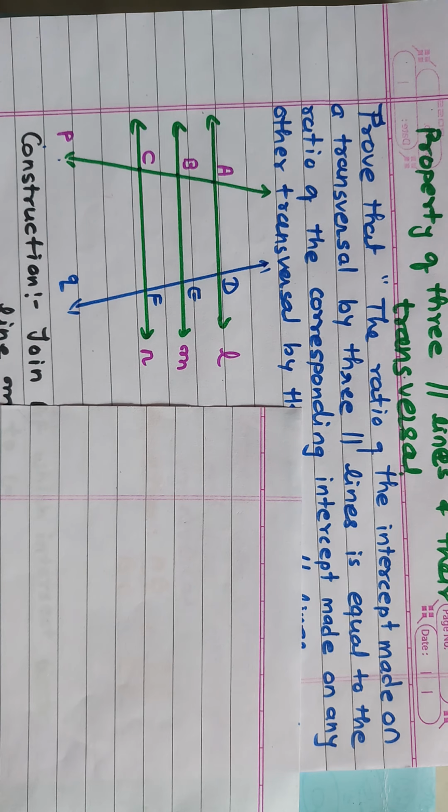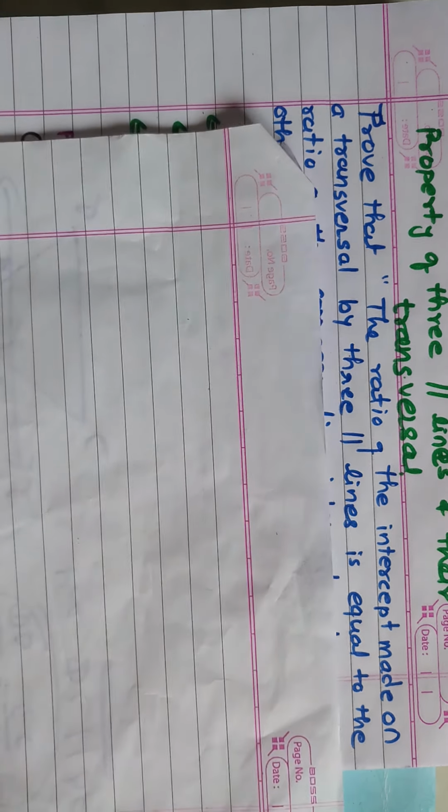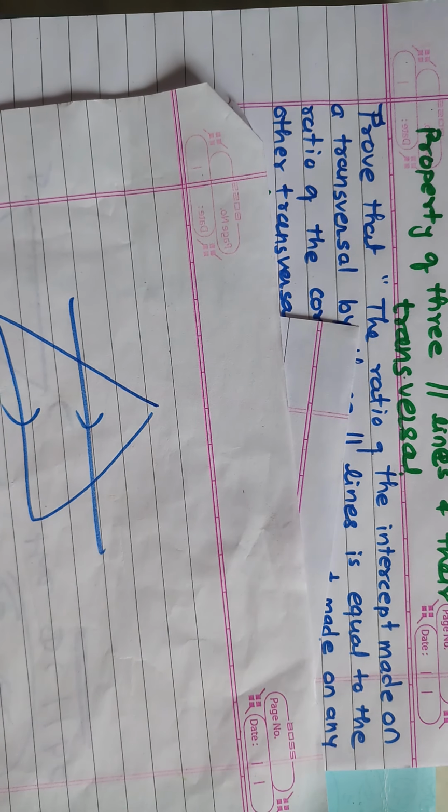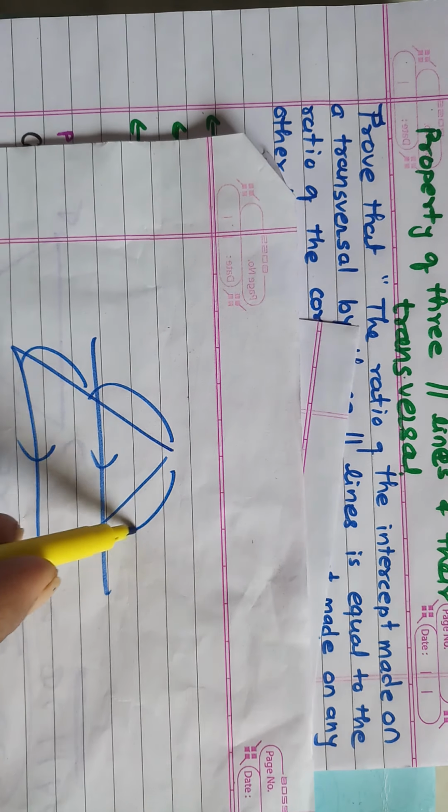Now we learned that in a triangle, if two lines are parallel, then the ratios are equal.